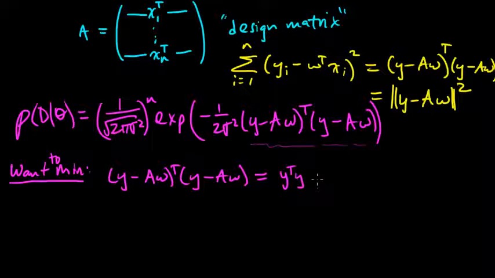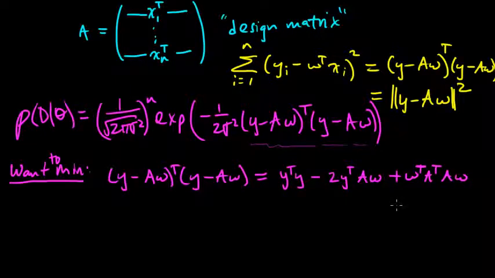This is y transpose y minus 2 times y transpose AW, because we take y transpose times AW here, and AW transpose times y is a scalar, so we can transpose it and pull those together, plus W transpose A transpose times AW.